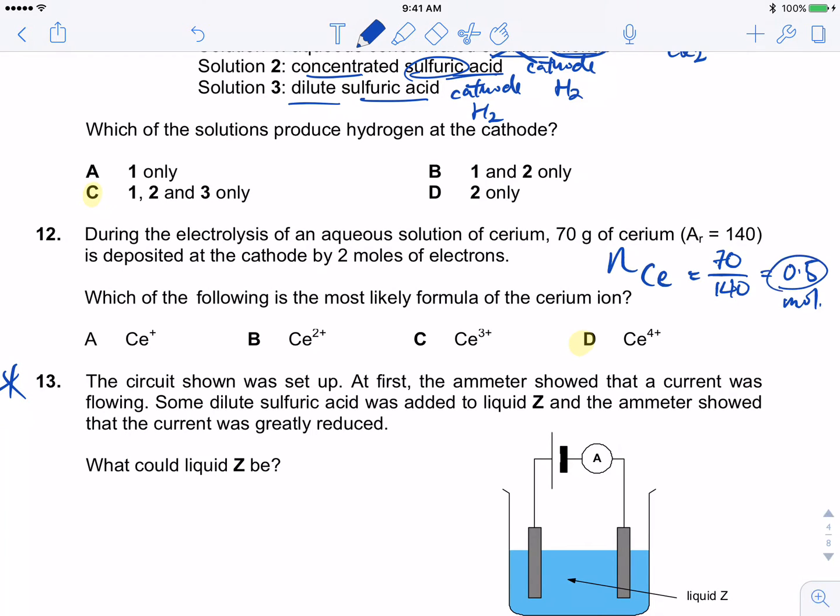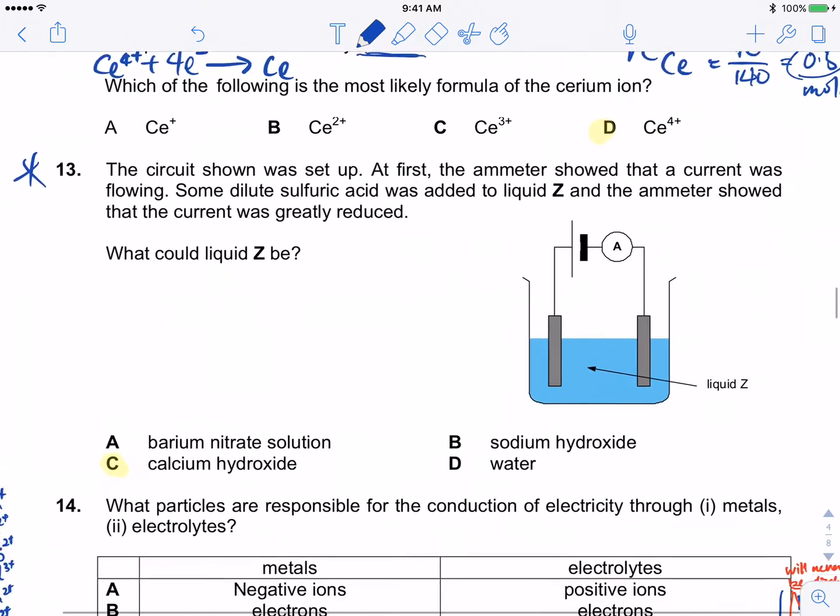Now, 0.5 mole of cerium needs 2 moles of electrons. So what it means is that I need to gain 4 moles of electrons for every 1 mole of cerium formed. So this must be Ce4+.